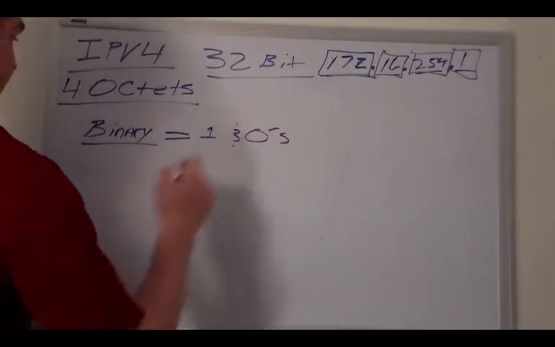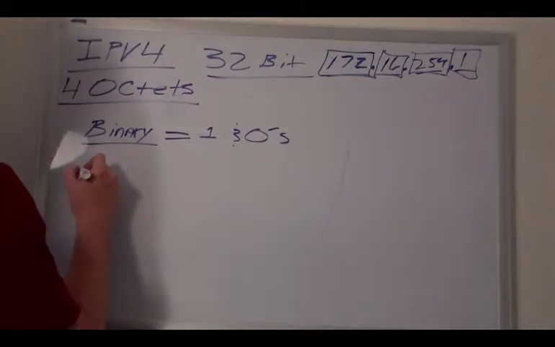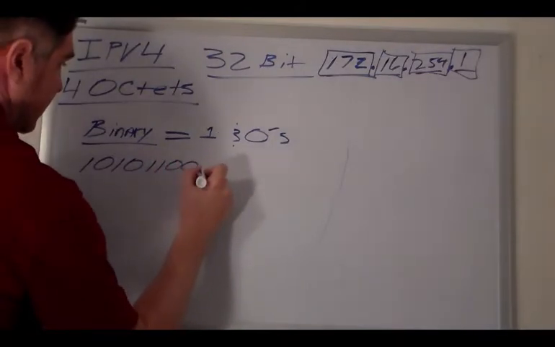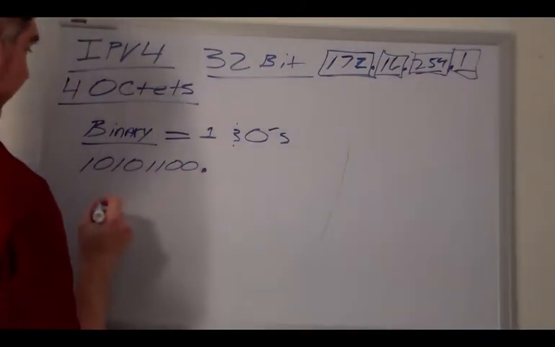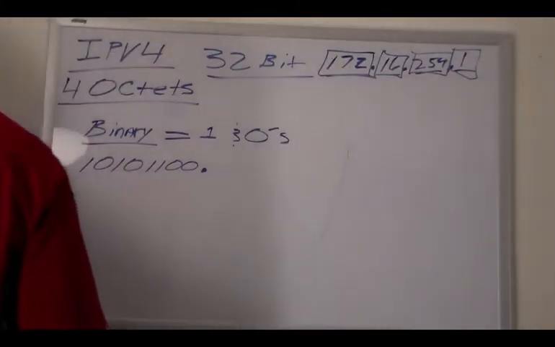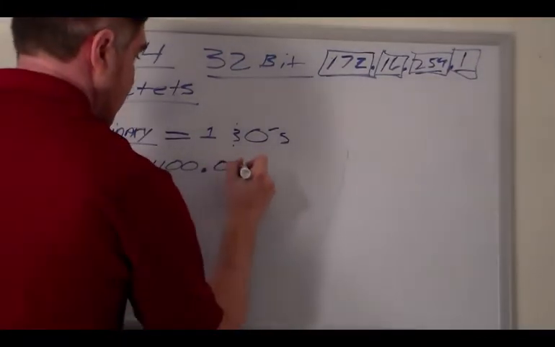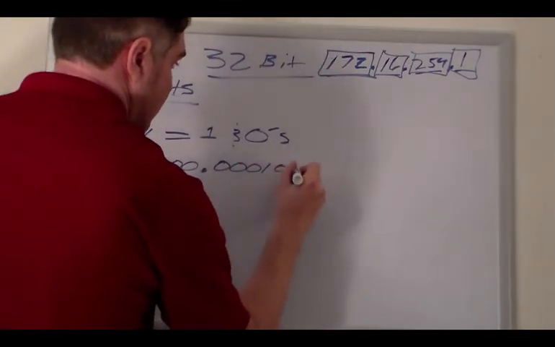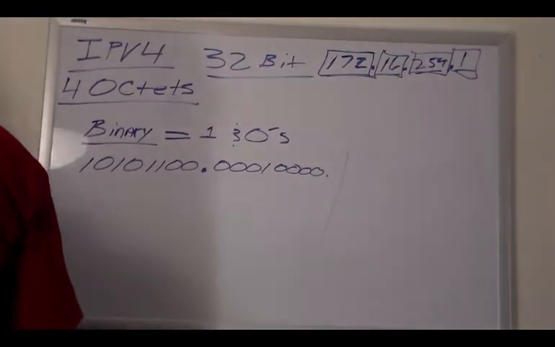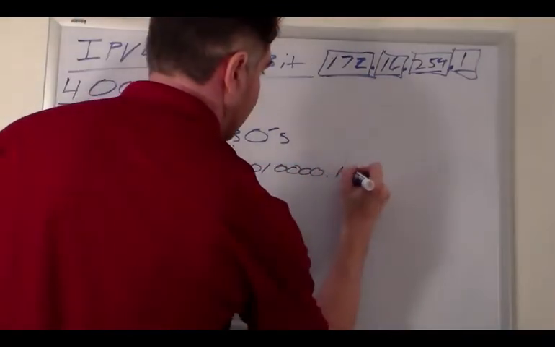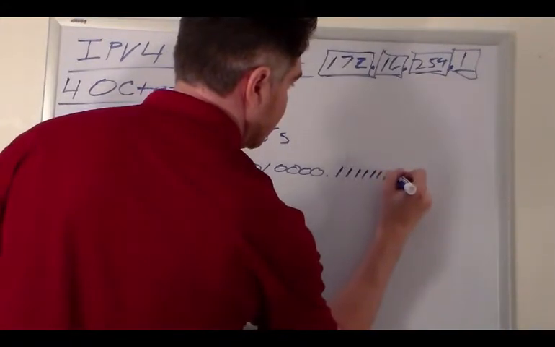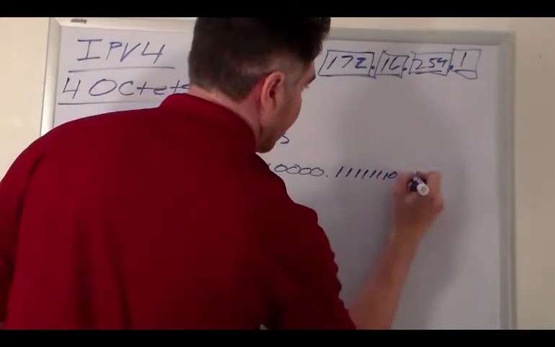Your first octet for this number would be that. That is just this first octet. That's our second octet. This would be our third octet. And then our fourth octet.